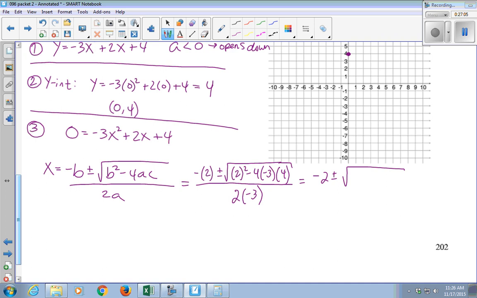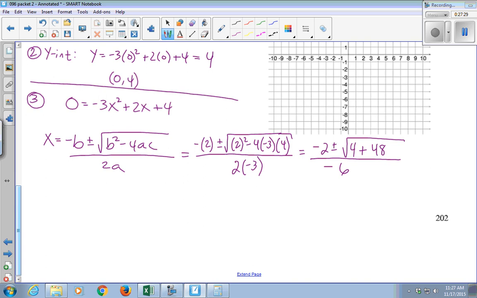Okay, I'm going to try to simplify what's under this square root. 2 squared is 4. -4 times -3 times +4. The negative times a negative times a positive, that's going to make a positive. And 4 times 3 is 12, times 4 is 48, all over -6. So this is -2 plus or minus the square root of 52 all over -6.